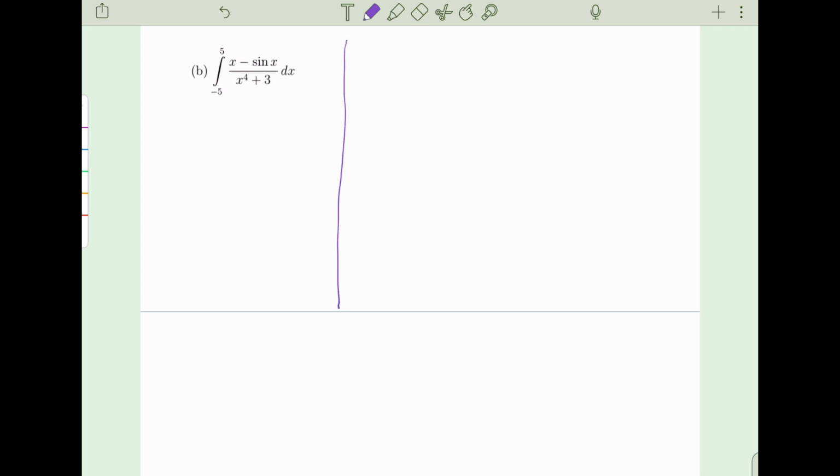So that is when you plug in negative x, the output is the opposite, right?